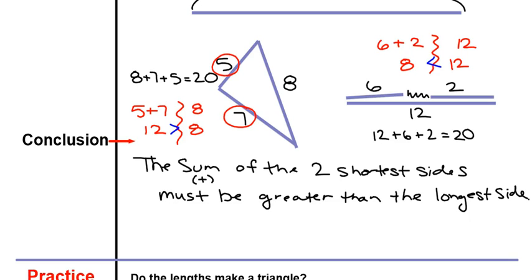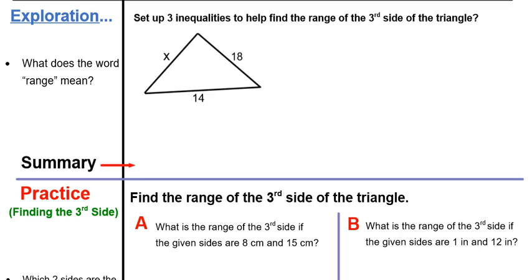What I'd like to do now is pause and have you jump ahead to page 2. We have one more exploration to do before we finish up our notes. For this exploration, the problem is we are not quite sure what the two smallest sides are.